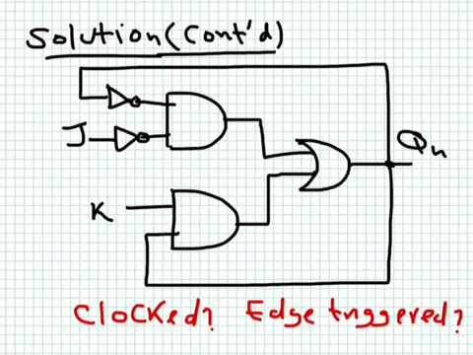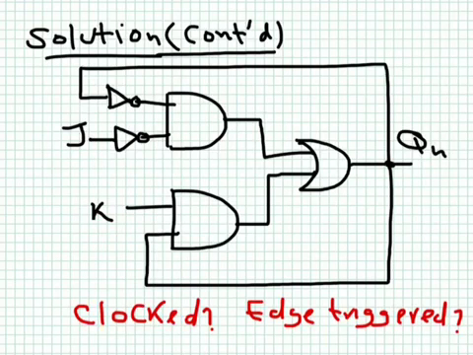What is the problem here? If you apply a certain input and the output changes, you are feeding the output again to the input. So this may result in even further changing of the state. This is called racing. In order for this racing to be eliminated, the duration for which J and K change from their do-not-change situation has to be short.